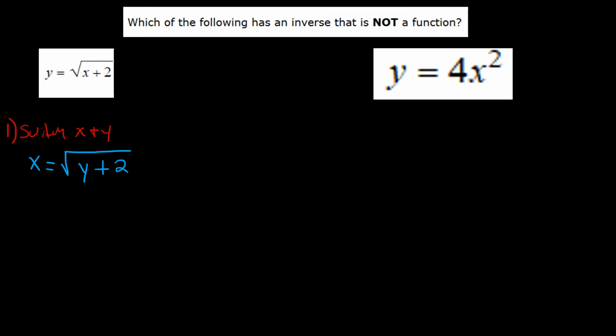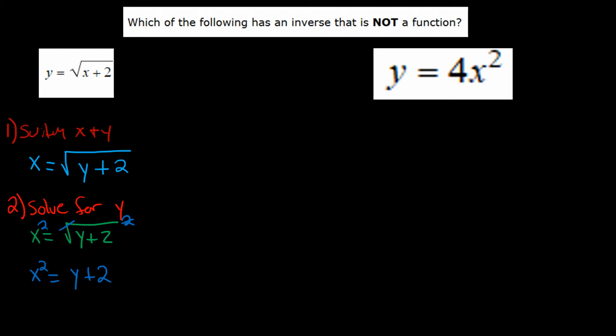From there, we need to solve for y. So we have x equals the square root of y plus 2. If I want the opposite operation of the square root, I need to square both sides. So I'll have x squared equals the square root and square simplify out, y plus 2.